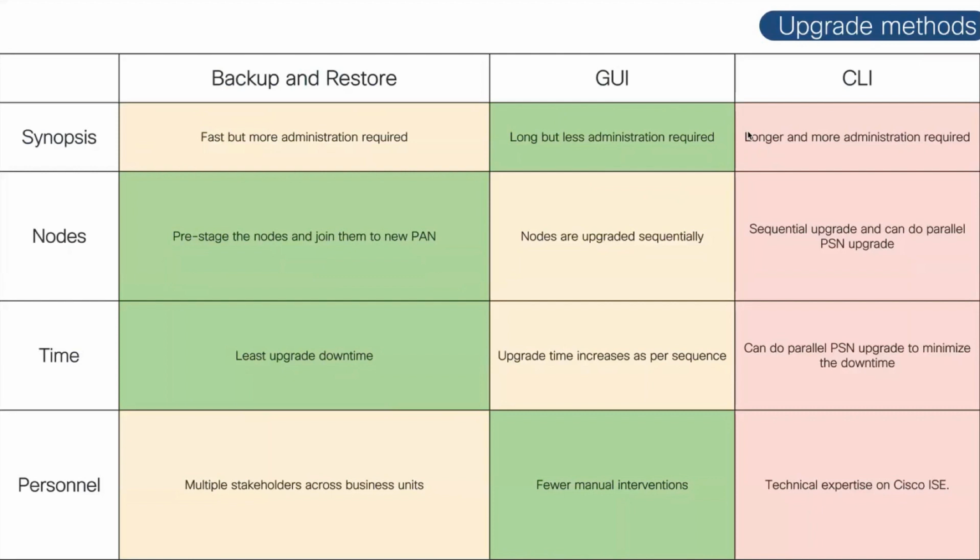Backup and restore involves multiple stakeholders like network administrators, system administrators, and Active Directory administrators, who combine together to migrate your deployment. But with the GUI, fewer manual interventions are required.